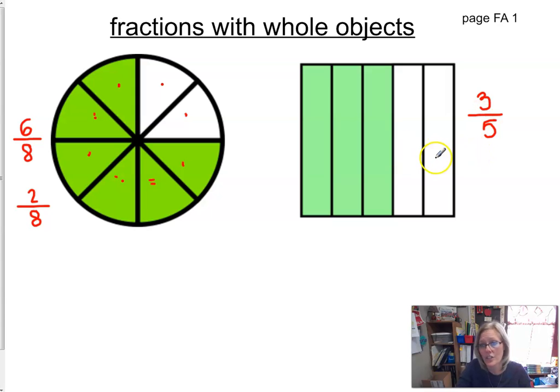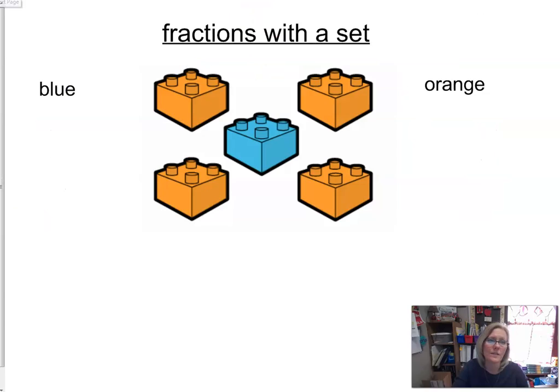But if my question had asked me about the unshaded part, I would simply say, well, there are still 5 total pieces, but how many are unshaded? 1, 2. 2 are unshaded. 2/5 are not shaded. So that's fractions with whole objects.